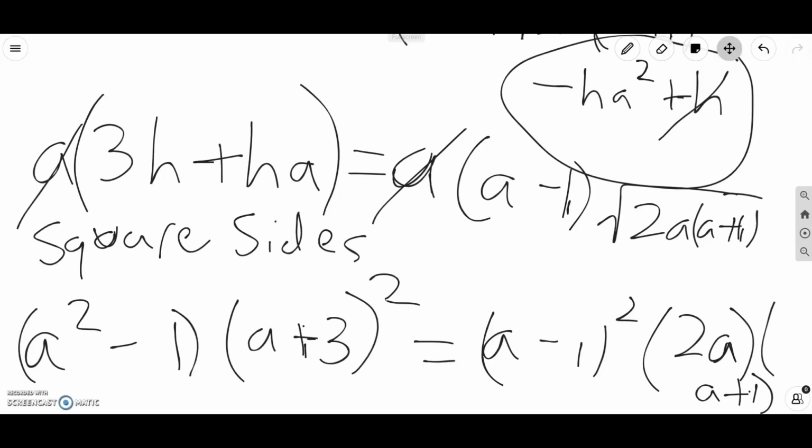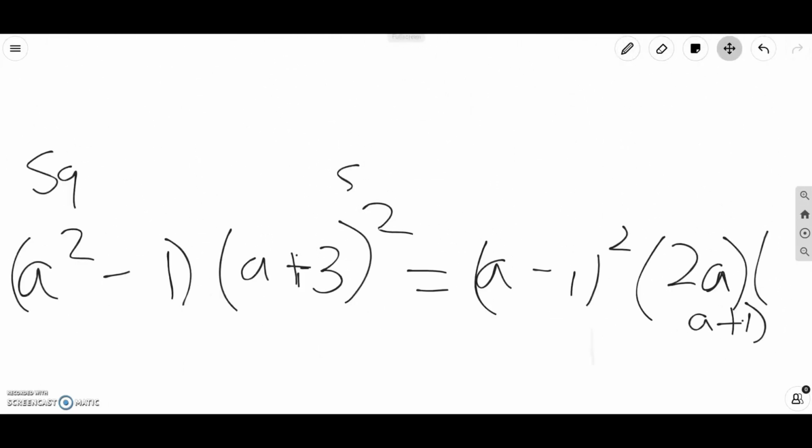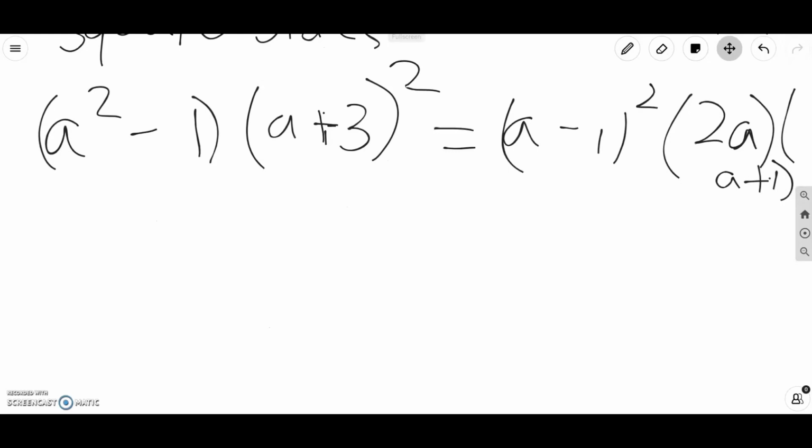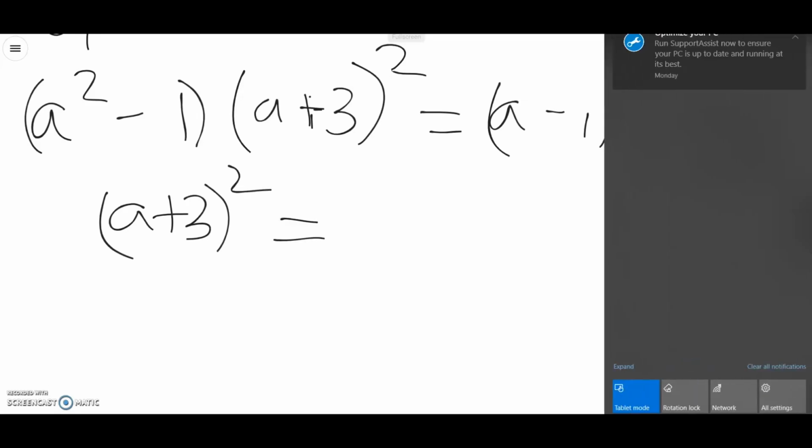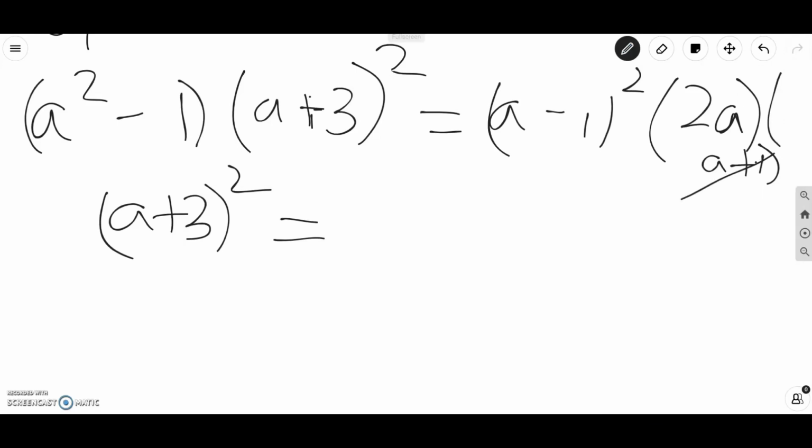And the nice part about this is that the a squared minus 1 helps us cancel. In essence, we can cancel out one factor of a minus 1 and one factor of a plus 1. And so the left-hand side collapses into a plus 3 quantity squared equals, basically this term goes away and one of the a minus 1s goes away. So we're just left with a minus 1 times 2a. And this is so much simpler than what we started with, so we're definitely delighted.